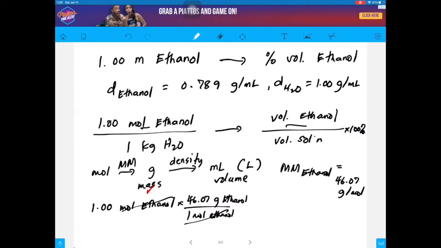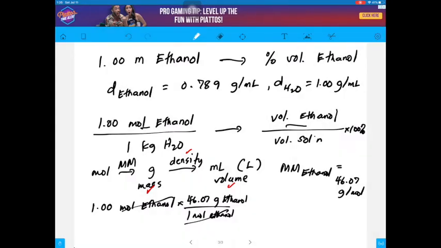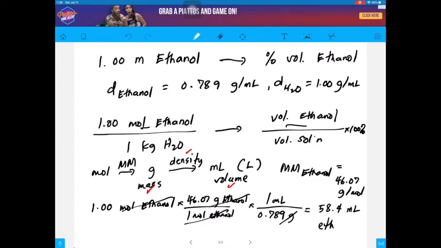In order to get to this part, we need the density of the solute, which is ethanol, is 0.789 grams per 1 ml. Cancel out the unit and we can get 58.4 ml of your ethanol. This is your solute, remember?